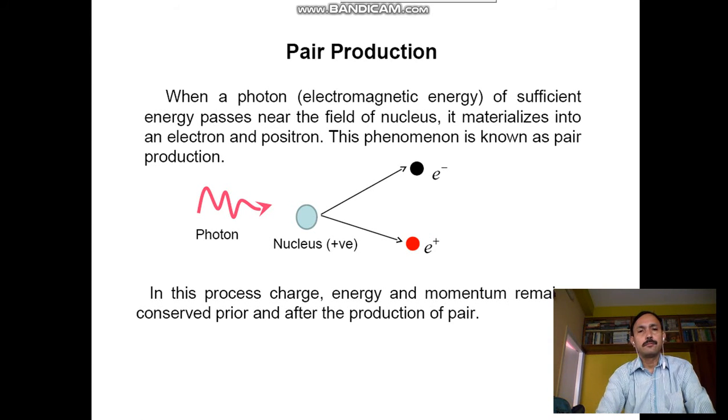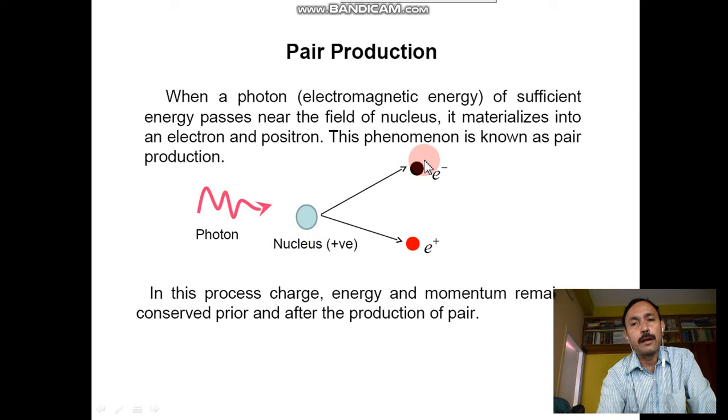Pair production. When a photon of sufficient energy passes near the field of the nucleus, it materializes into an electron and positron. This is the photon. It is coming to the nucleus, having inside it a positive charge, protons and neutrons.